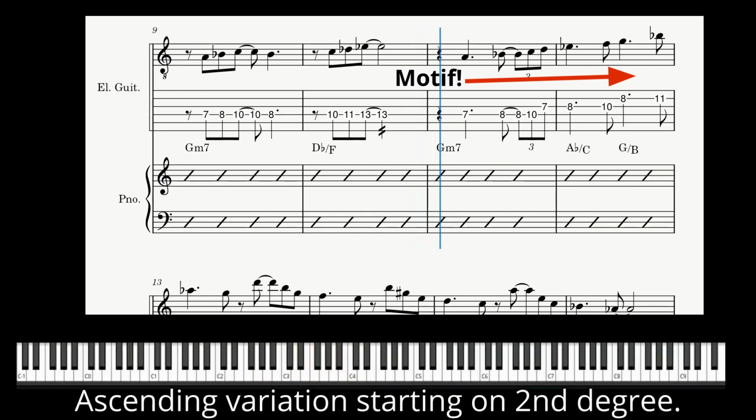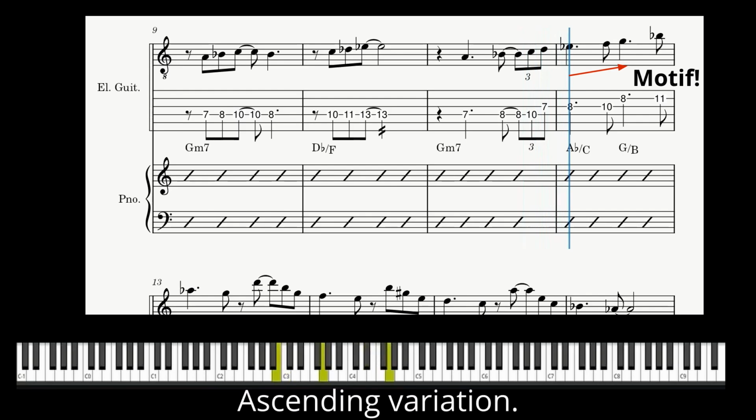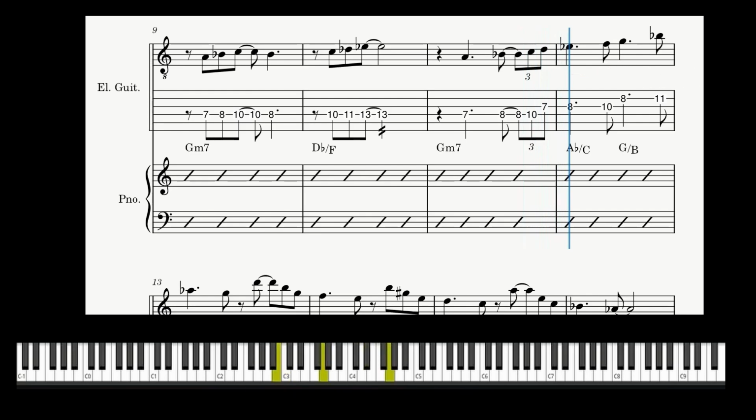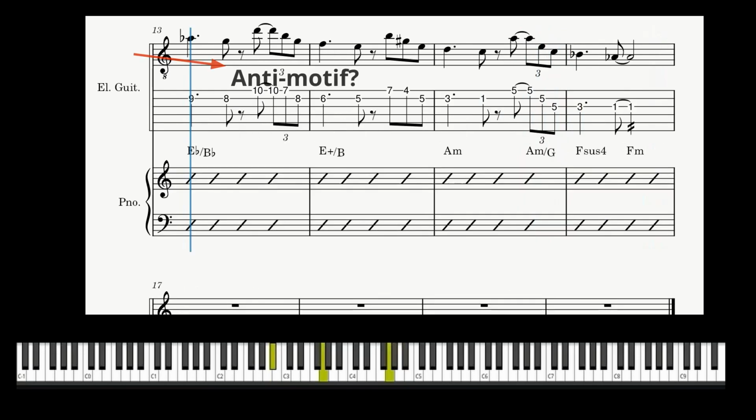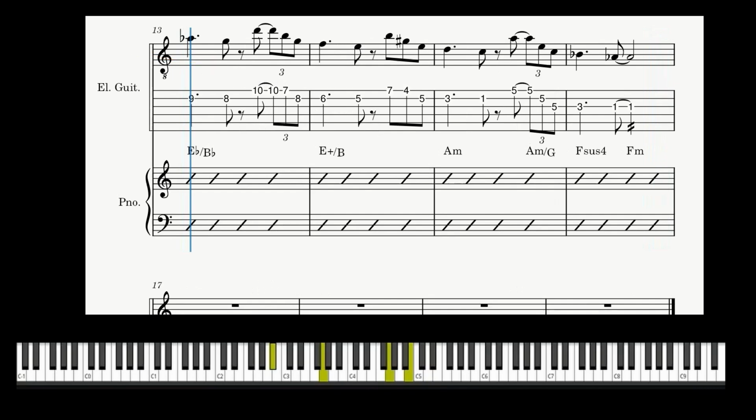And then we go to an A flat over C. This is a G over B. And then we go from an E flat second inversion to an E first inversion.